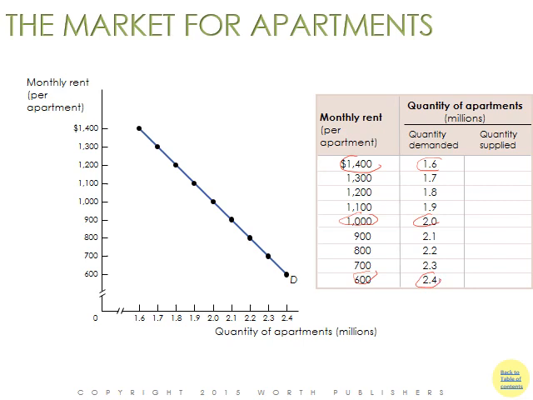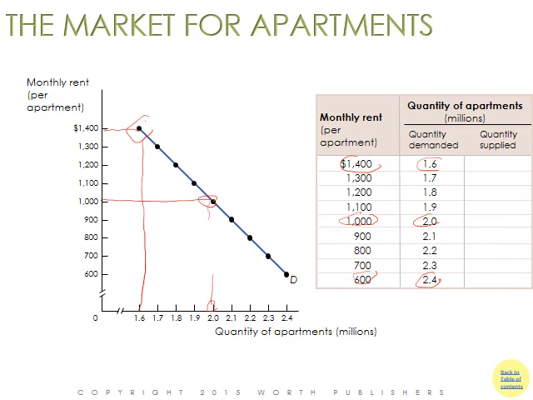And we can plot these on our graph. We're plotting price on the vertical axis, quantity demanded on the horizontal axis. So we have 1,400 is the price, 1.6 million is the quantity. This gives us our first point. Second point, when the price is 1,000, the quantity demanded is 2 million.